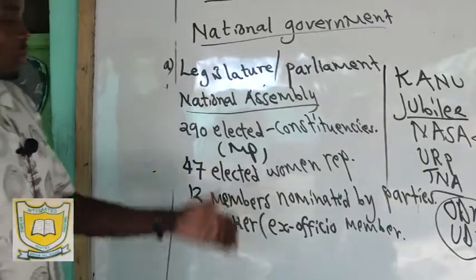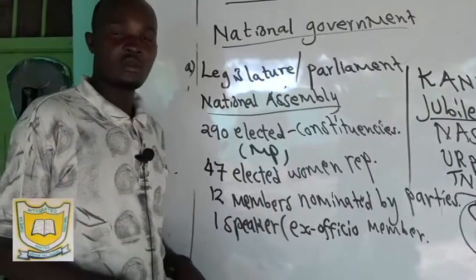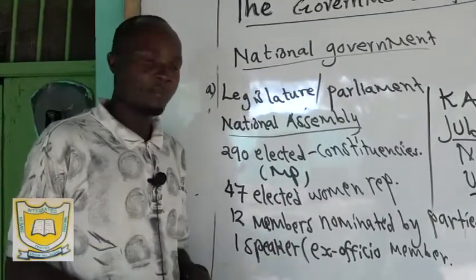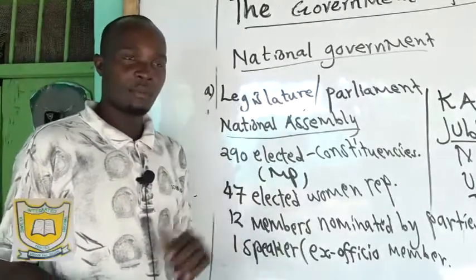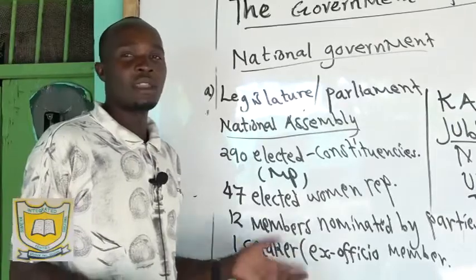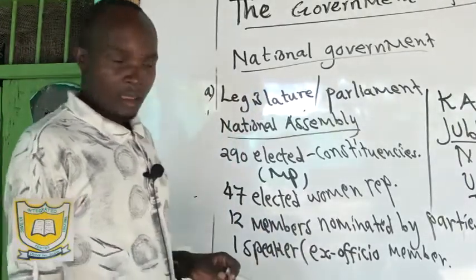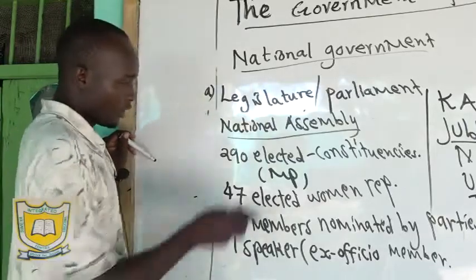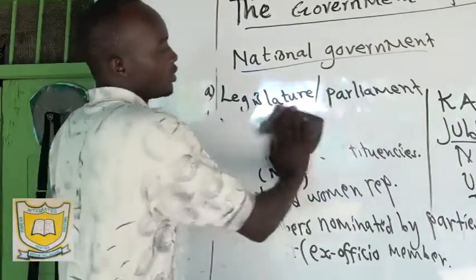We call him ex-official because he's elected by the members of the House, whether the Senate, the National Assembly, or the County Assembly. The Speaker is an ex-official member of Parliament because he's elected by the members of the House. So this is the National Assembly. We want to look at also now the composition of the Senate.